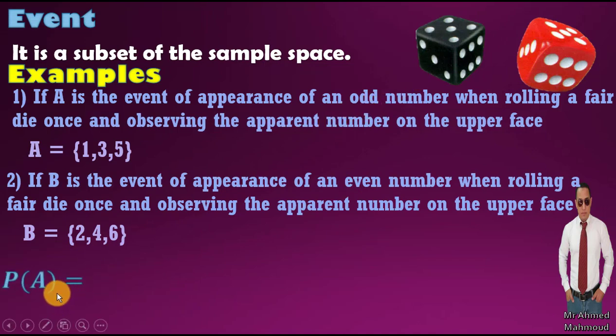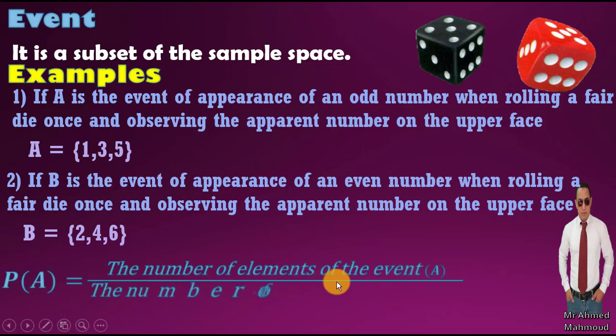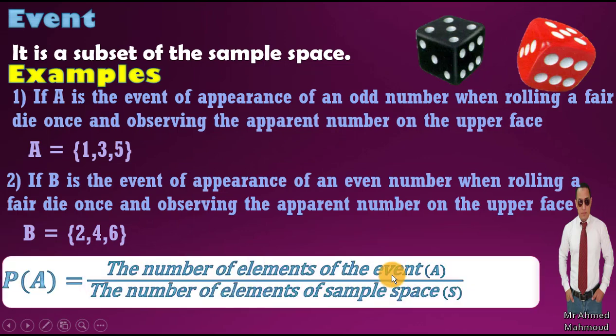Now, what is the probability, or the theoretical probability? The theoretical probability equals the number of elements of the event over the number of elements of the sample space. For example, the probability of the event A equals 3 out of 6.